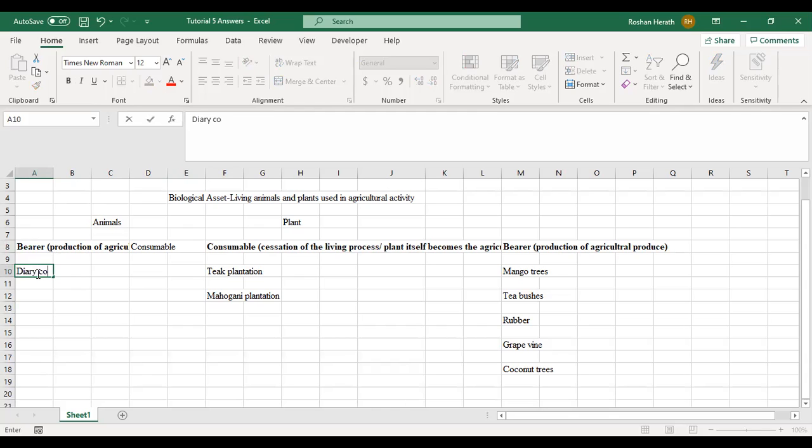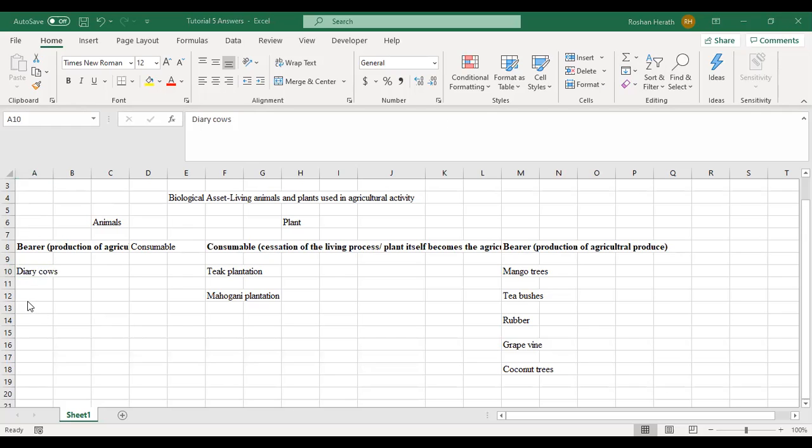So if you take dairy cows, basically, we are not keeping these dairy cows for the purpose of meat. Instead, that is to harvest some milk. That is to take some milk from them. So therefore, the dairy cows is a classic example for bearer animals. Very correct.